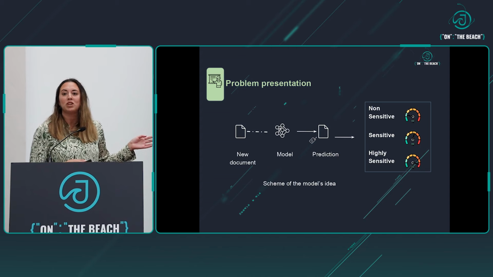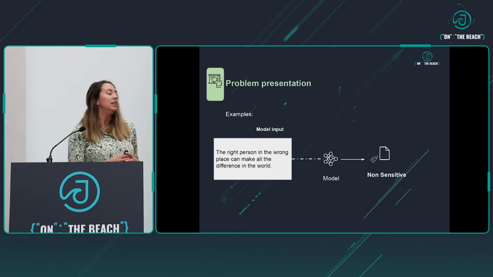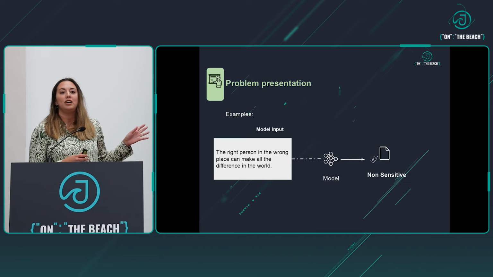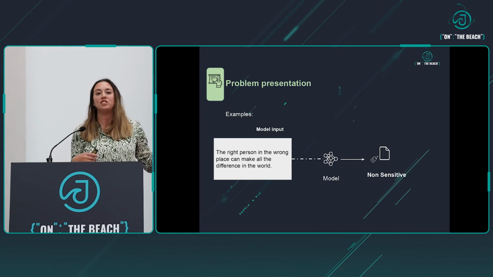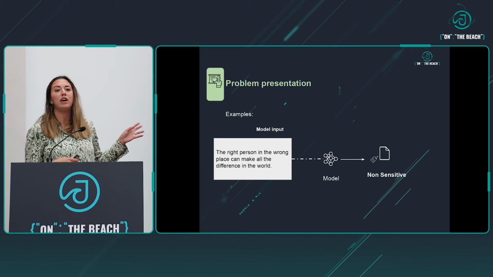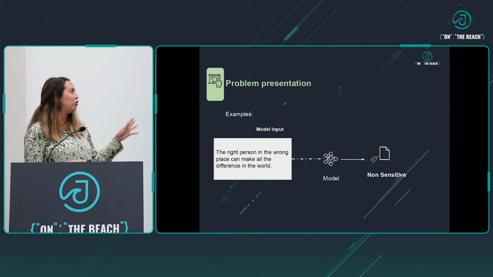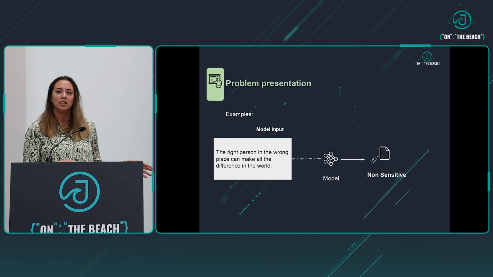Let me give you some examples. This is a text that has no data subject in it, so there is no name and surname identifying a person, and there is no information about them, so this document could be considered non-sensitive.